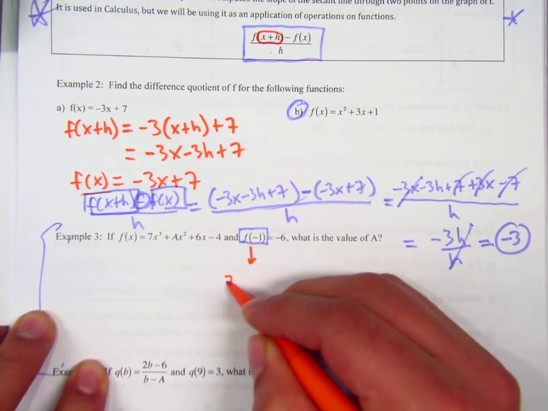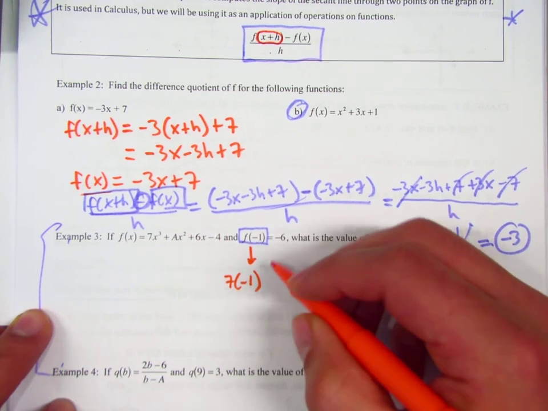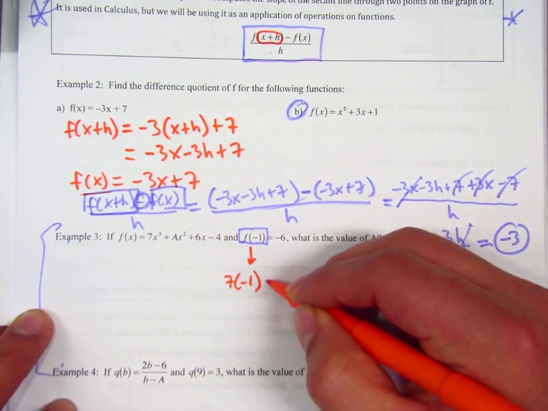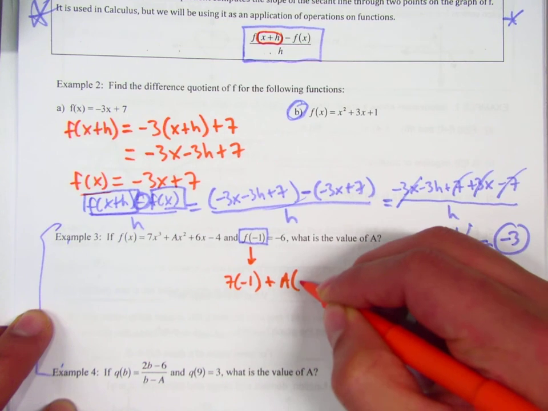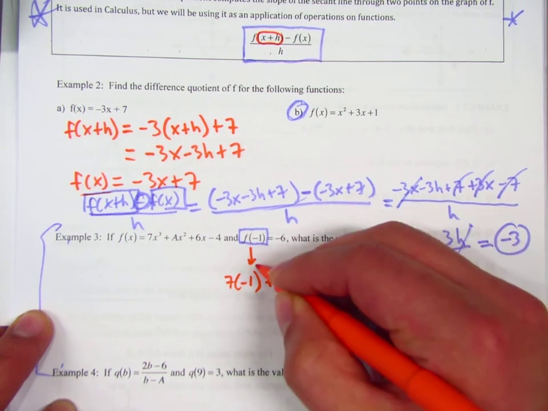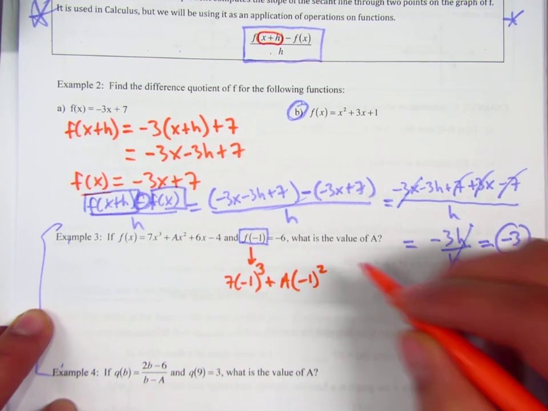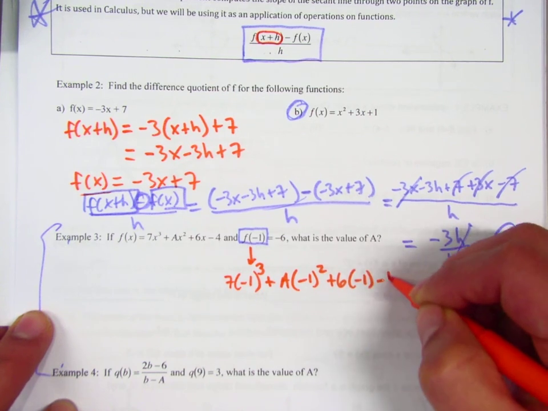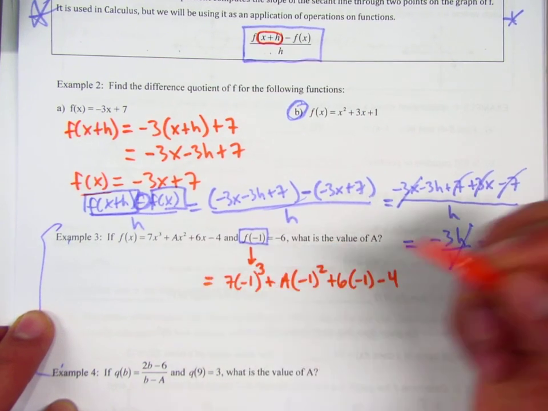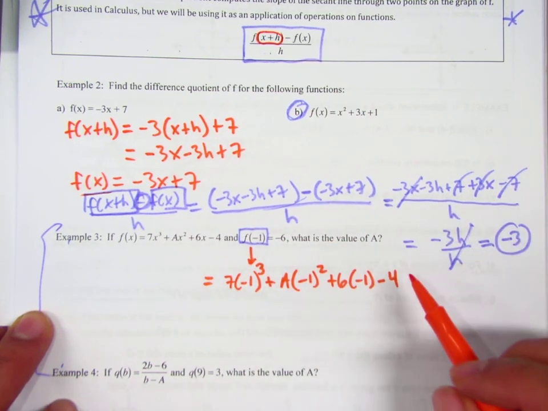So if I do that, you get 7 times negative 1 plus a times negative 1 squared, and this is cubed, sorry, plus 6 times x, which is negative 1, minus 4. Okay?